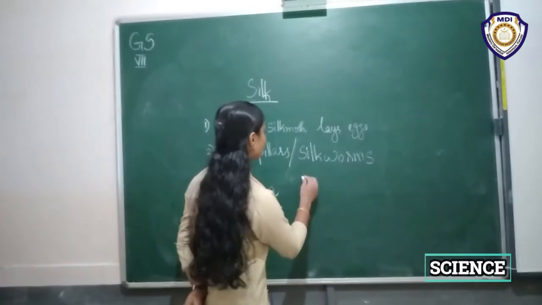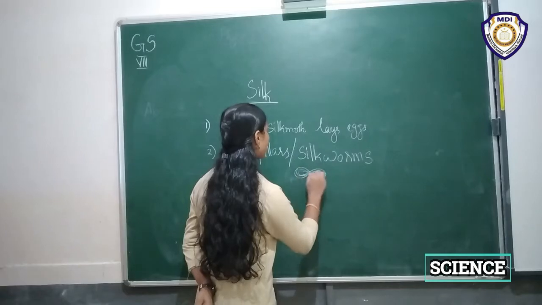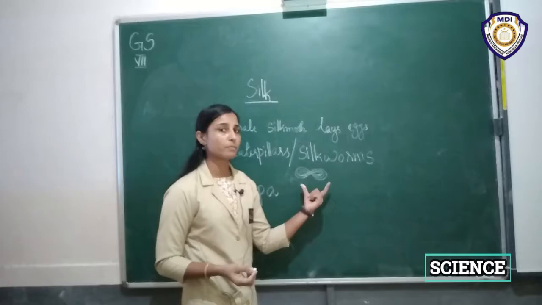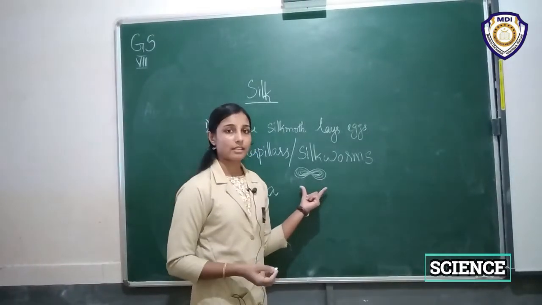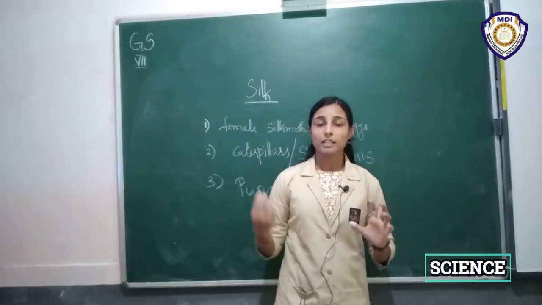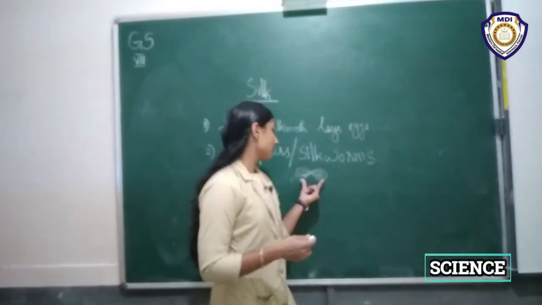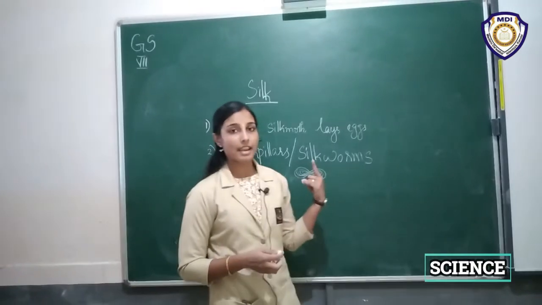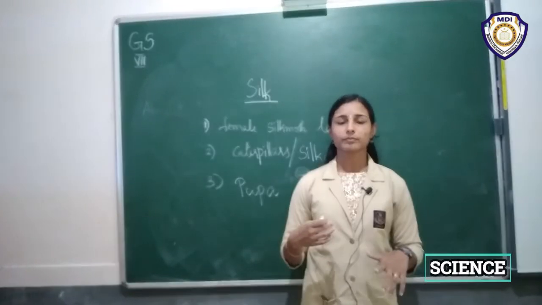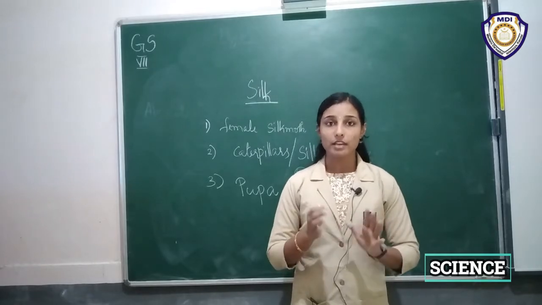Figure 8 means like this. They swing their heads like this, and it forms a structure like this. By moving their head in the form of a figure 8, the caterpillars secrete a fiber made up of protein.